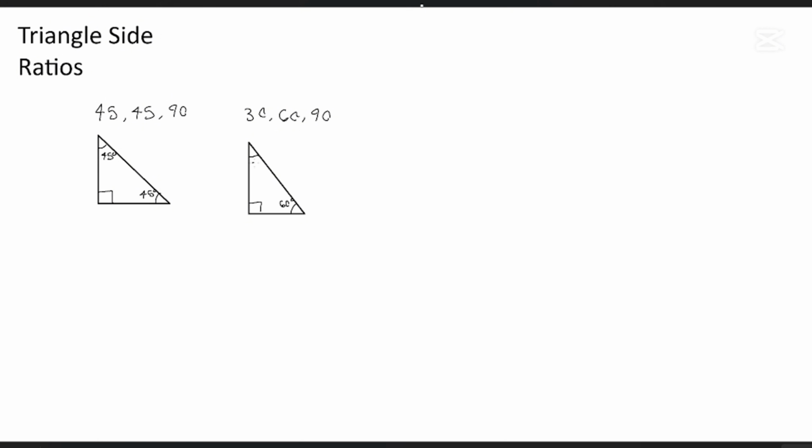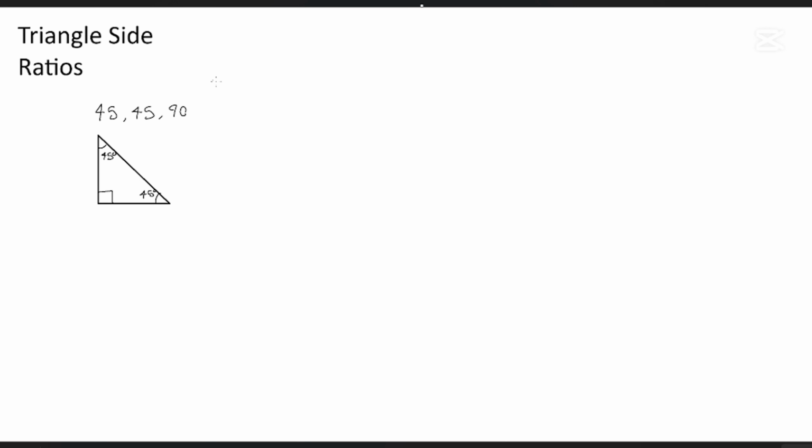This must be 30 degrees based on that. And obviously we know that's 90 degrees. This is a 30, 60, 90 triangle, where there's a 30, a 60, and a 90-degree angle. And that's what the two triangles are. Today we're just going to focus on the 45, 45, 90 triangle just because it's going to take a bit of explaining, like I mentioned earlier.